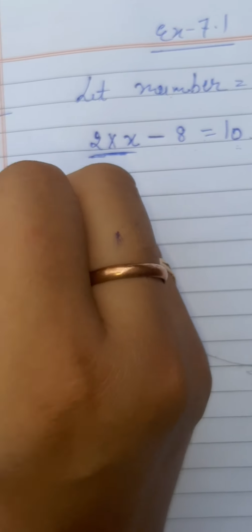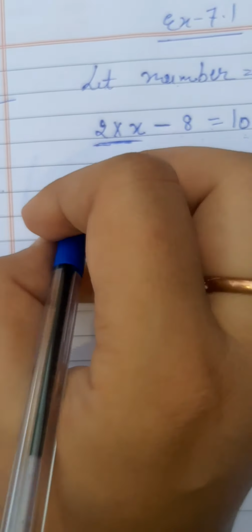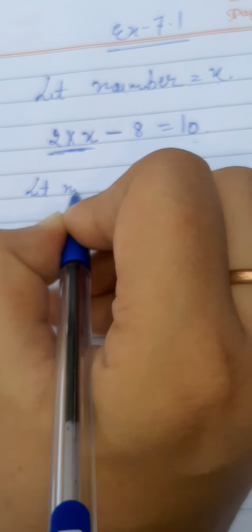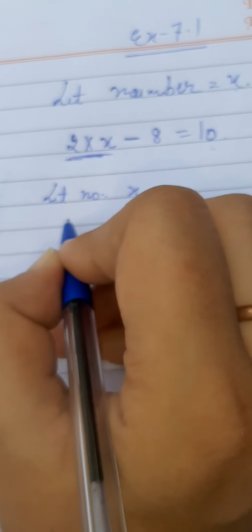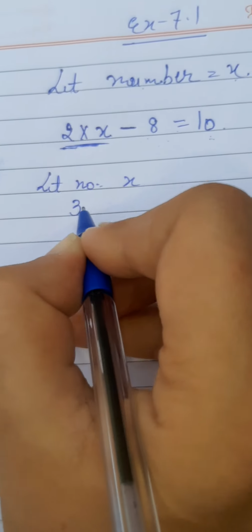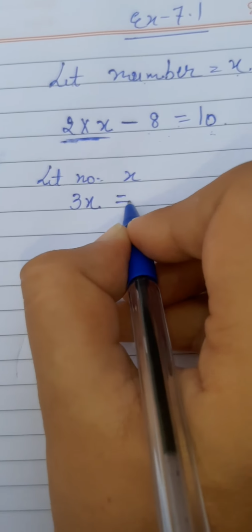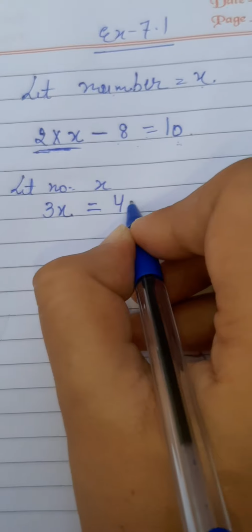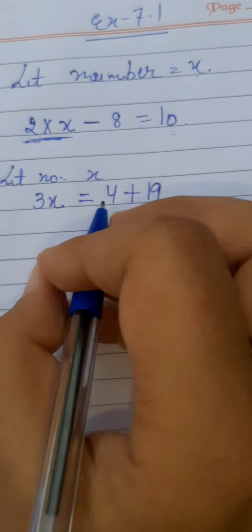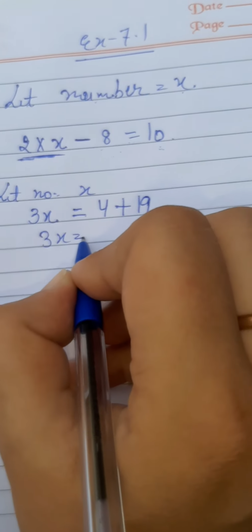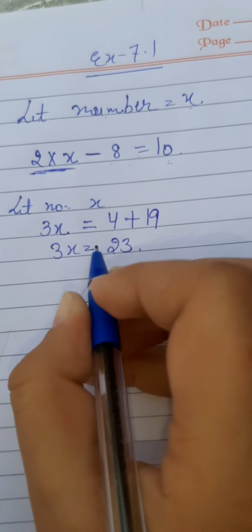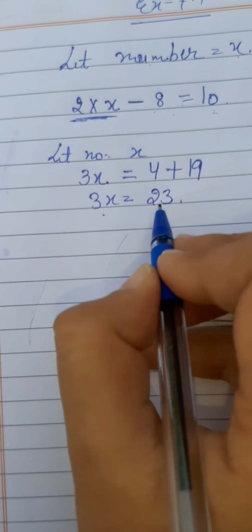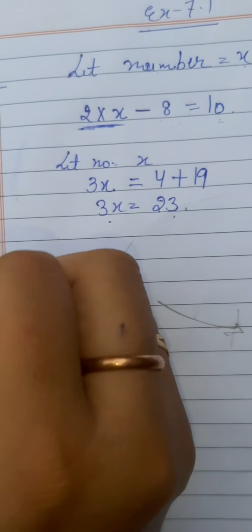Similarly, B part. Thrice a number. Let the number be x. Thrice a number means 3 times, 3x. Is 4 more than 19. So 3x is equal to 19 plus 4, that is 23. So the expression is 3x is equal to 23.